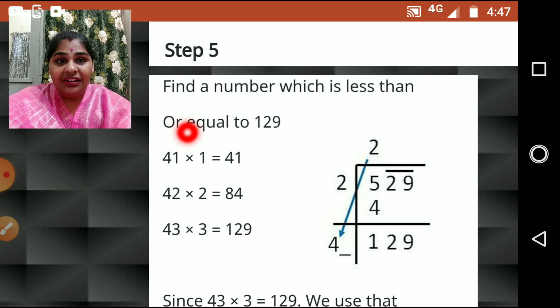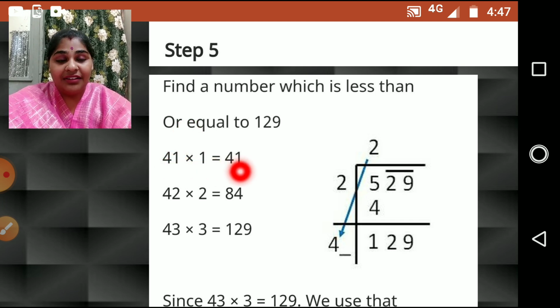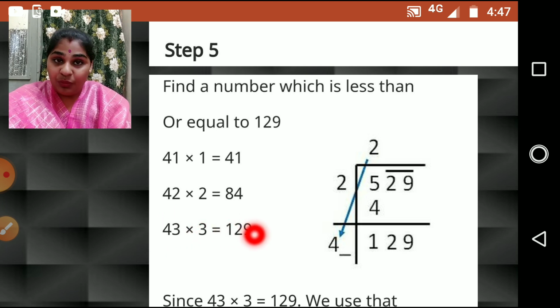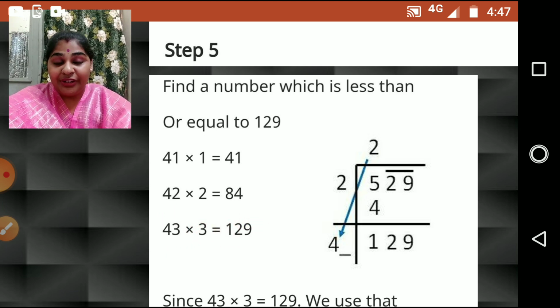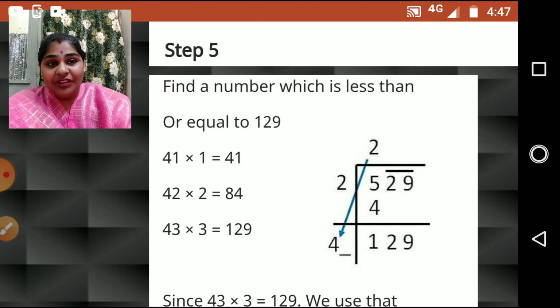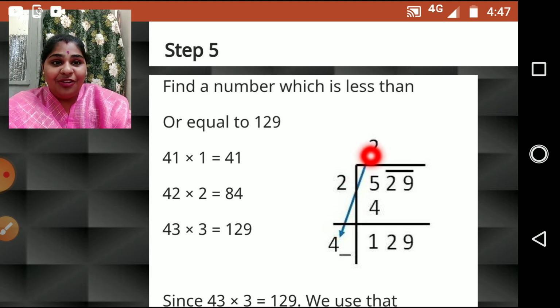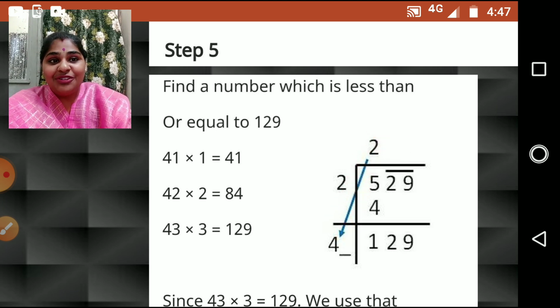So I'll take 41 into 1 is 41, 42 into 2 is 84, 43 into 3 is 129. So I will take 3 after 4, wherever the dash is, and on top also 3, and 43 into 3 is 129.